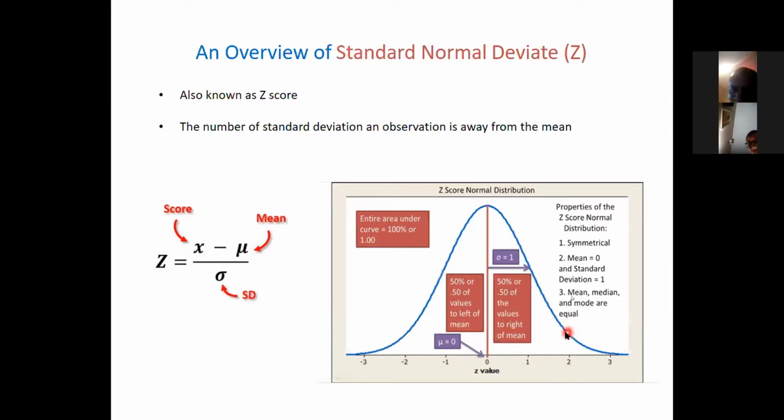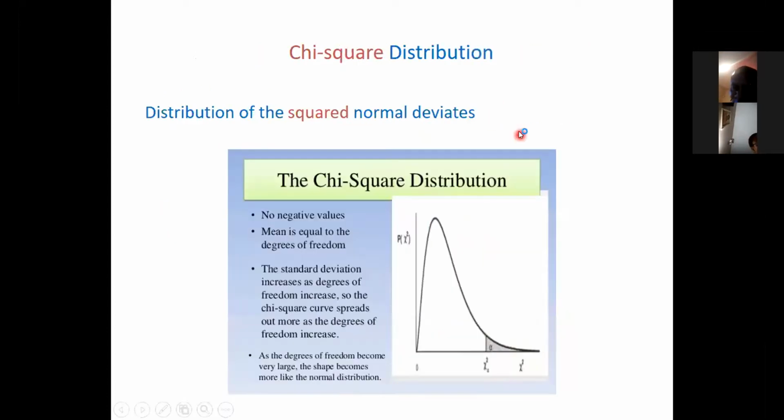Now, where I'm going is here. The chi-square is the square of that standard normal deviate. The standard normal deviate follows the normal distribution.